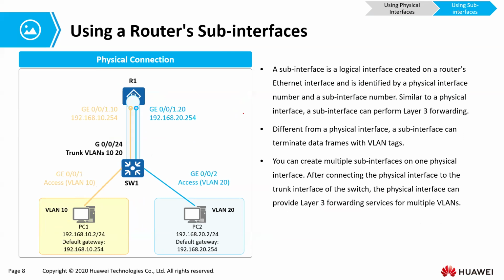Then we have another one, by using the router's sub-interfaces. Instead of using multiple physical interfaces, we create sub-interfaces on one physical interface. Same idea: VLAN 10 and 20, we need communication between these two VLANs.